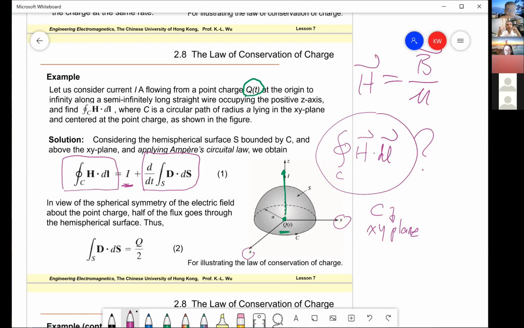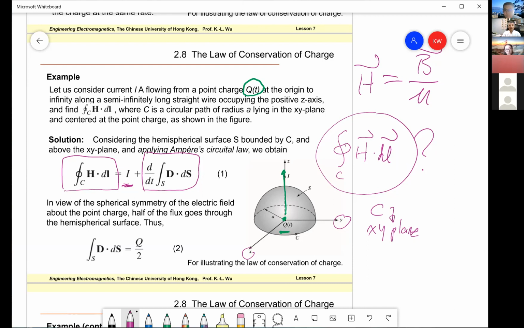Because this C is a circle, I can imagine I have a cover, bounded by the C, which is a half sphere. The reason I use a half sphere is that when the charge Q is put at the point, the electric field lines must be in the radial direction, uniformly across a sphere.